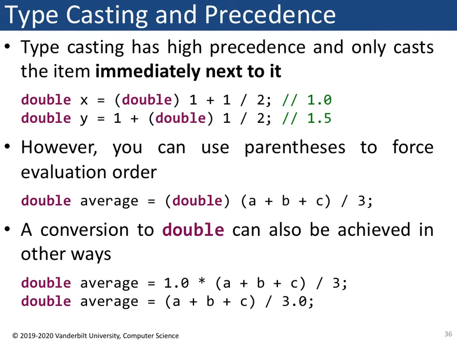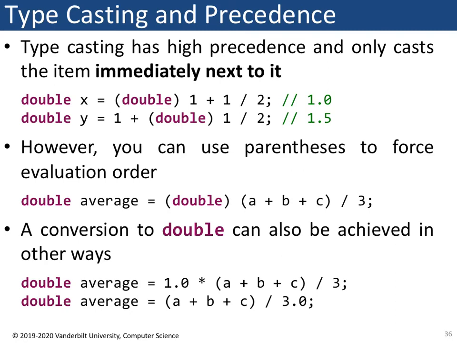So a couple of things about typecasting. First of all, typecasting has a high precedence in the order of operations and only affects the value immediately to the right. So in the first example here, we are typecasting 1 from an integer to a double.